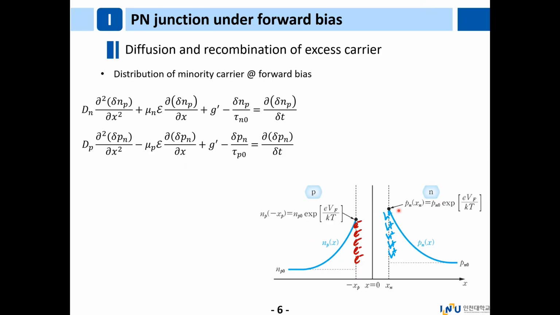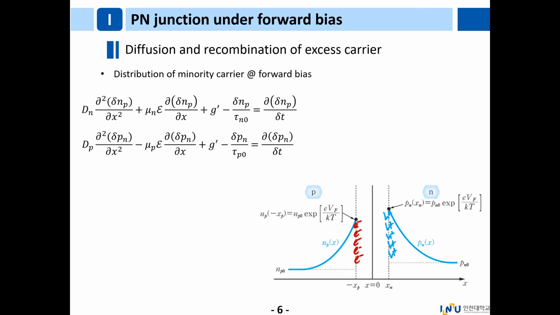They accumulate as excess minority carriers, and the injected excess minority carriers diffuse deep into each region and recombine.